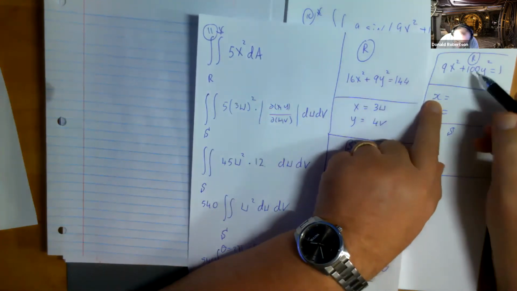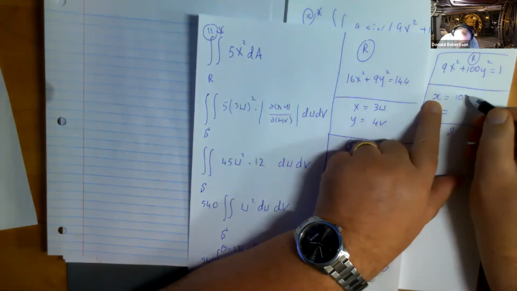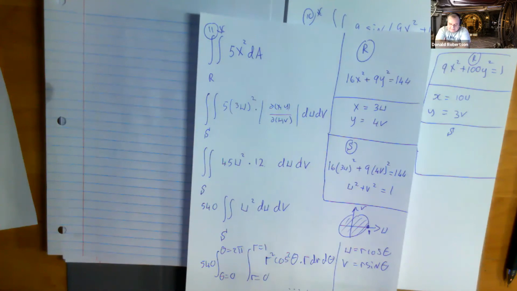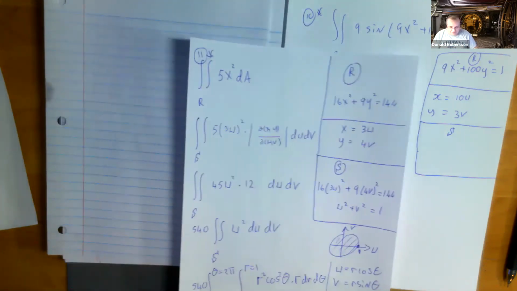So this guy, 10u, and this guy, 3v. Does that make sense? How I chose that particular u and v rather than anybody else?